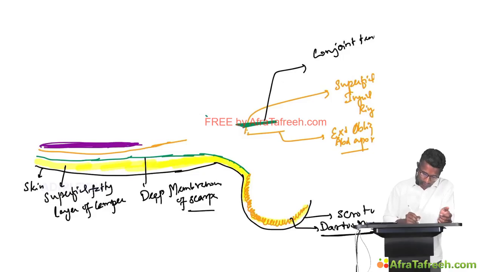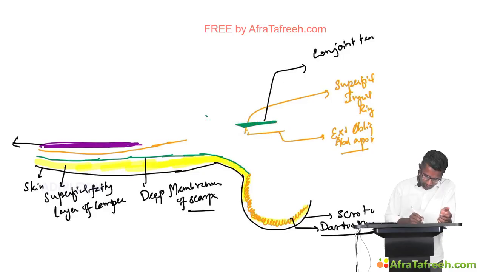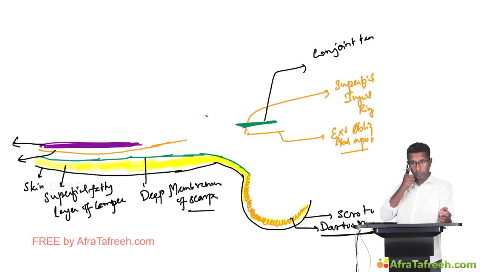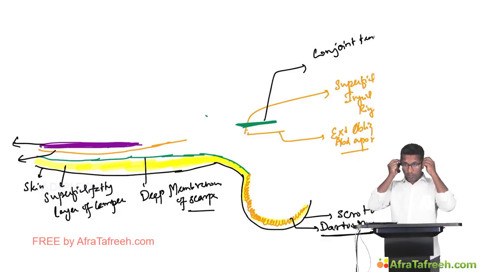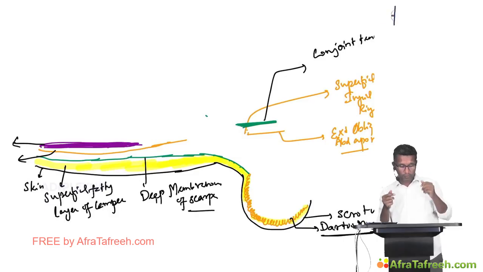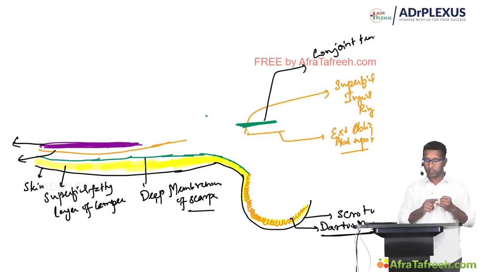And what does this layer represent? This layer represents the internal oblique abdominis muscle, and this layer represents the external oblique abdominis muscle. Now what happens to these muscles? They continue as certain fascias. We'll discuss the fascia after discussing the transverse abdominis muscle.